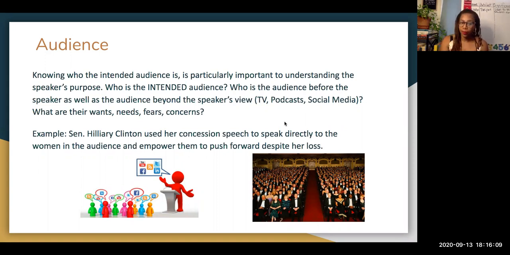So again, going back to this example with Hillary Clinton talking to women, she's not just talking to any old woman, right? Miss Moten is not running for a public office, right? She's speaking to women who maybe thought, you know what, I might run, but I don't know. I've never seen a woman in this position before. So she's trying to mobilize them. She's like, no, you can do it.